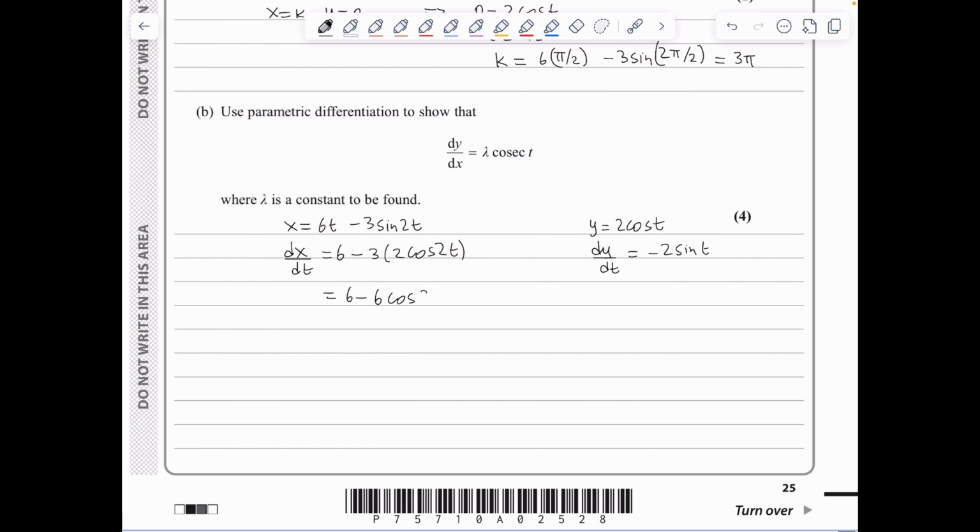Looking at the expression we have for dx/dt, I could expand this to get 6 minus 6 cos of 2t, and we know that the cosine of 2t is equal to 1 minus 2 sine squared t. So I could replace the cosine of 2t with 1 minus 2 sine squared t. Obviously the 6 with the negative 6 will cancel out, and I'm left with 12 sine squared t for dx/dt. So dy/dx is simply dy/dt divided by dx/dt.